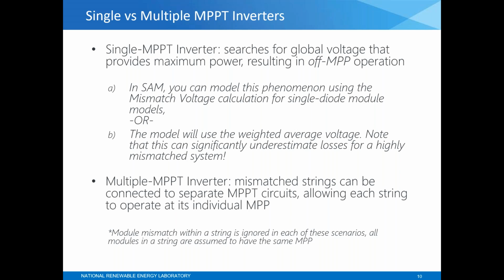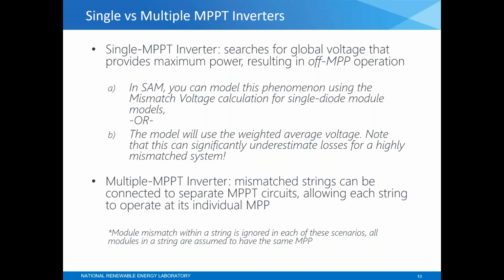We have a mismatch voltage calculation that will actually replicate the behavior of the inverter itself. It will search through a range of voltages for the system and calculate what the power would be at each of those voltages, and then picks the voltage that is the system maximum to operate at.